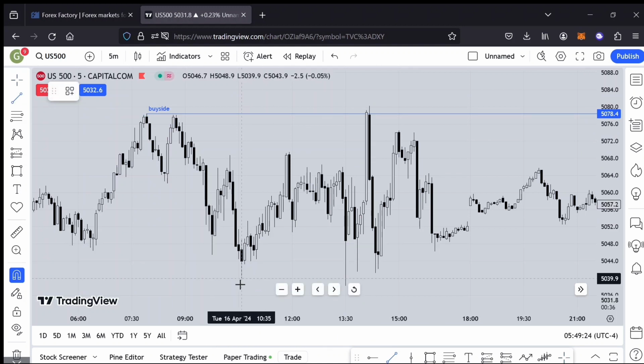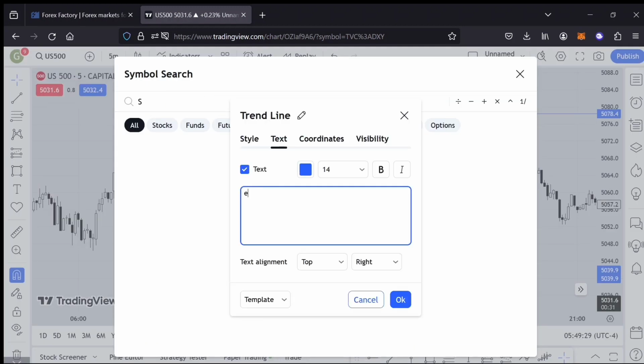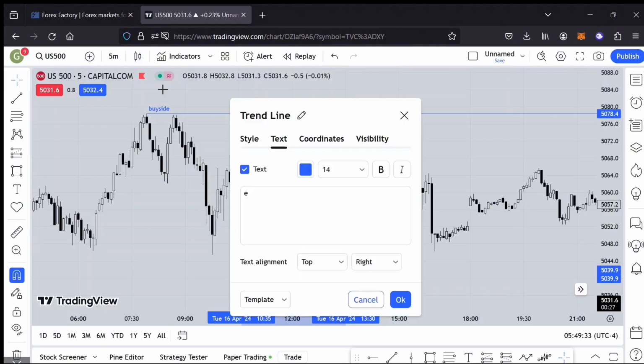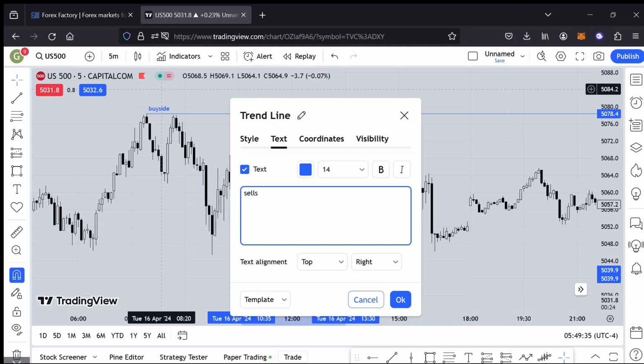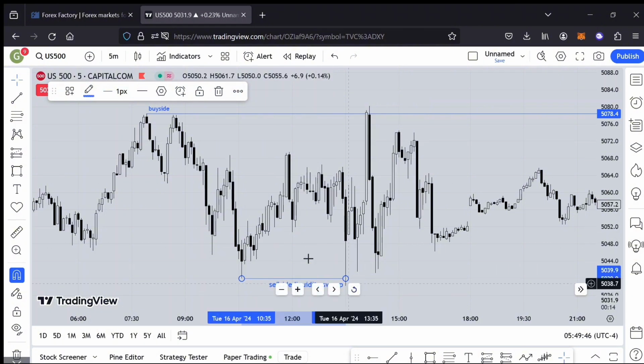They will not be aware that this right here is a liquidity sweep. This here will be a sell side liquidity sweep.